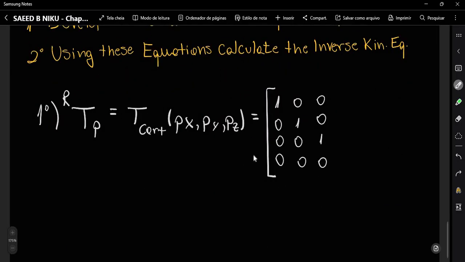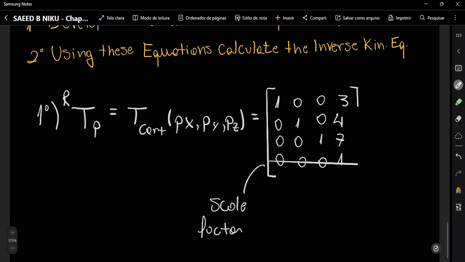So we just need to place these coordinates right here. And again, we add this line is a scale factor. Use it to maintain this matrix on its quadratic form. And that's it.